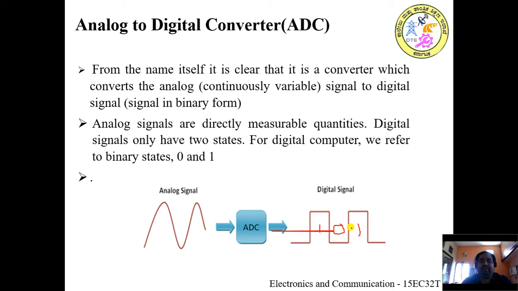We expect a digital signal to drive a digital display, but here we get an analog signal from the sensor, so I cannot directly give the sensor output to drive the digital display. In such a scenario, a converter is necessary to convert the analog signal to a digital signal, which is an appropriate signal to drive the digital display.